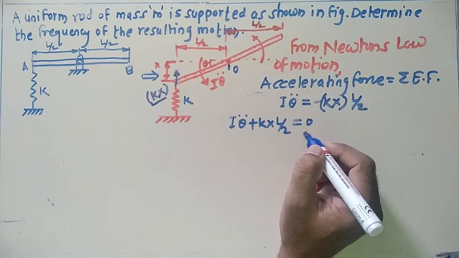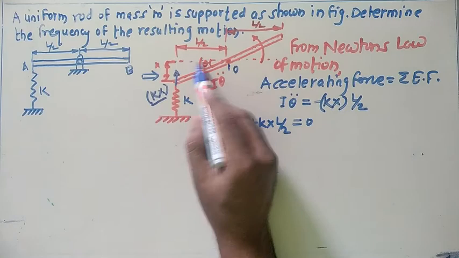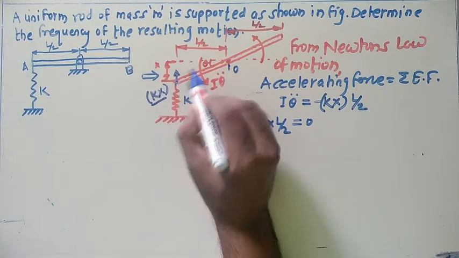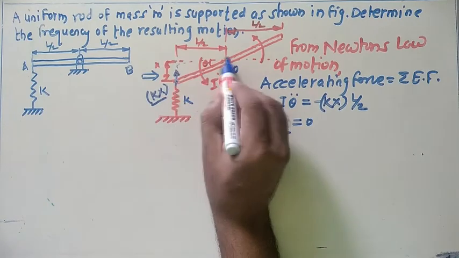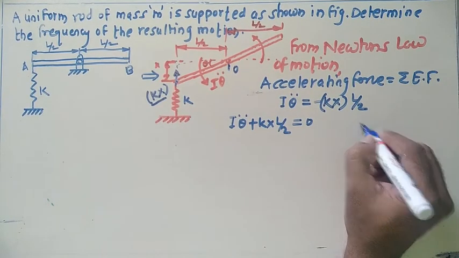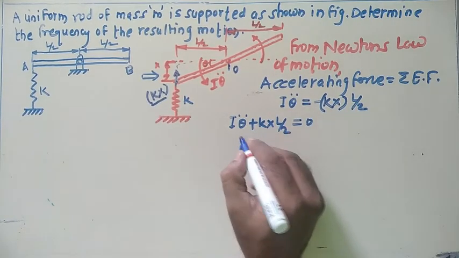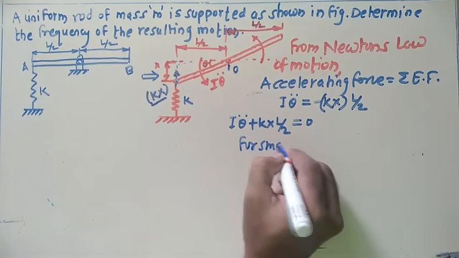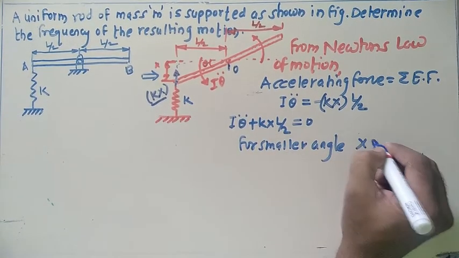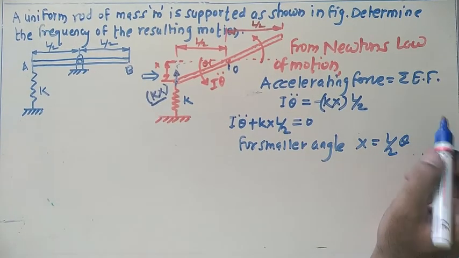At the same time, get the relation between theta and x from this small triangle here. From this, I can get the relation between x and theta for small angle: x equals L by 2 into theta.